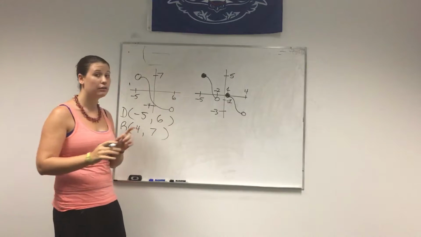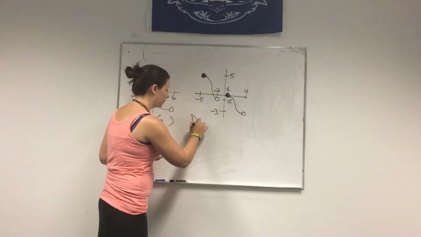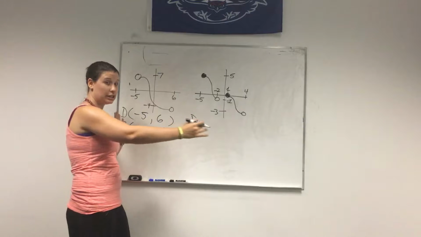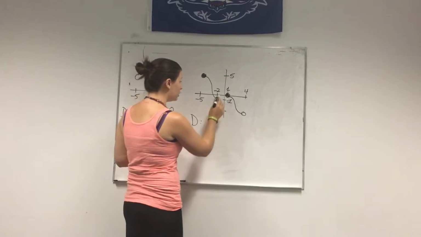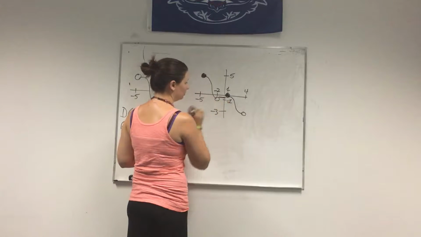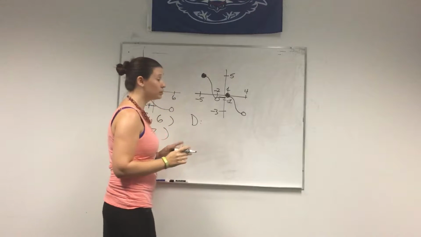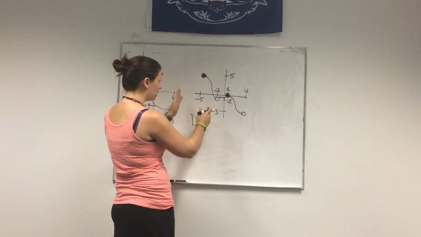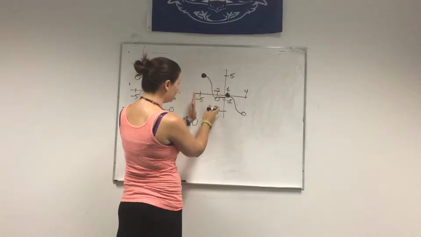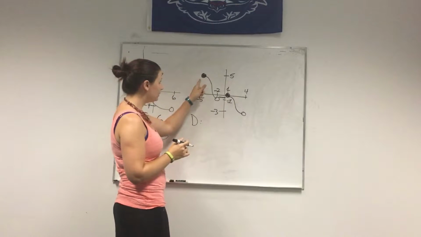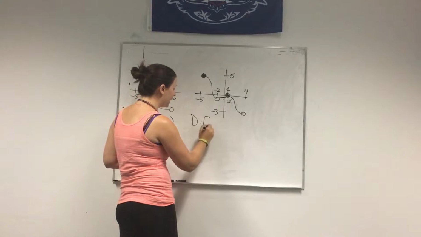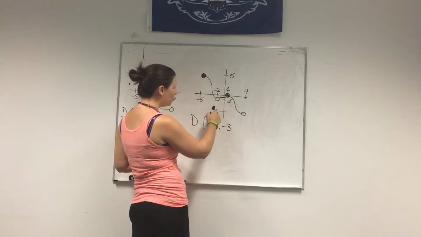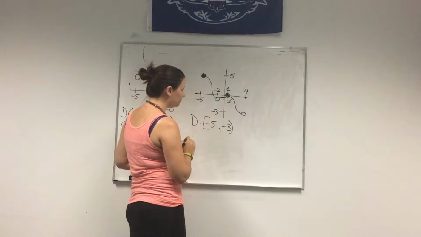So, thinking about the domain first, you always read a graph from left to right. We notice that there's a gap right here, so that means there are going to be two sets of intervals. The first interval is -5 to -3. It's a filled circle, so that means a bracket on the -5, and the -3 is an open circle, so a parenthesis.